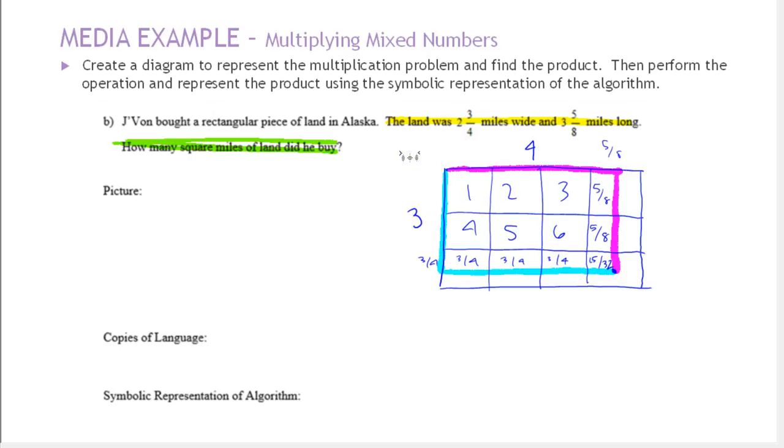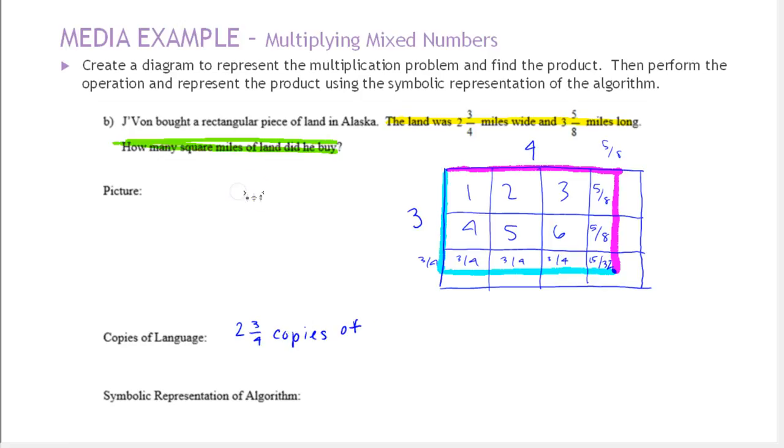I'm just multiplying them, and we could add all of these up, but I don't want to do that either. Instead, we're going to see how this connects to the symbolic representation. Okay, notice this is less than 12 square miles, and I would guess about 10-ish based on what's missing outside of here.